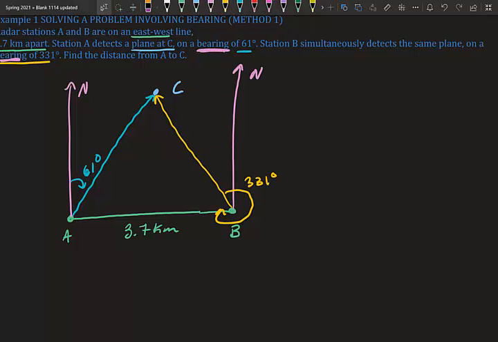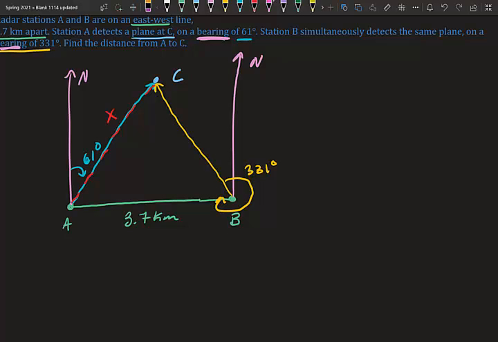Find the distance from A to C. Let's figure out how to find this right here. How do we find that angle? Well, if this is north, south, east, west, isn't this 90 degrees? So angle A would be 90 degrees minus 61 degrees, and we would get 29 degrees. And then when two things simultaneously meet, it's going to be a 90 degree angle.